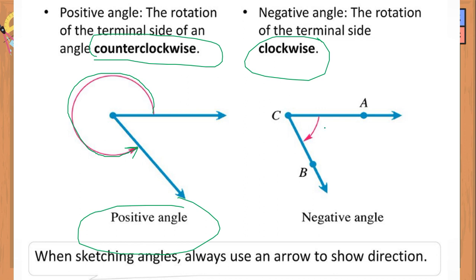Kapag clockwise naman, negative. As you can see po, meron siyang arrow, no? So, when sketching po tayo, always use an arrow to show direction. Sabi ko sa inyo kanina. Kasi pag wala kayong arrow, hindi mo alam if it is positive or negative. Kaya magalala tayo, mas madali ito kapag nag-solve na tayo.